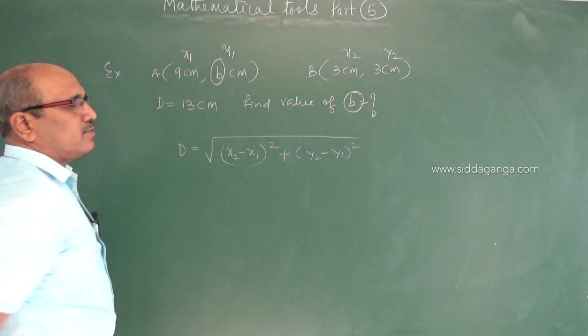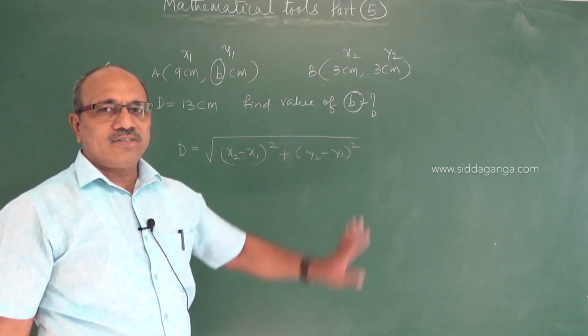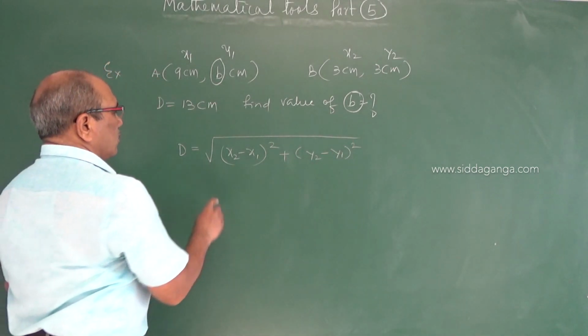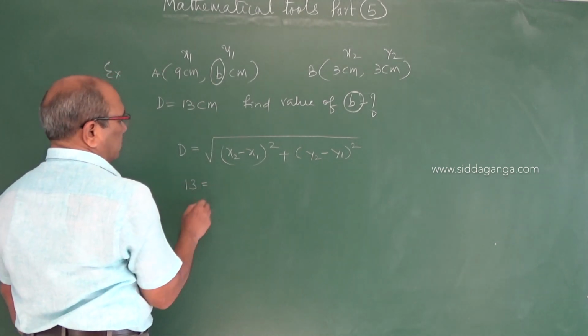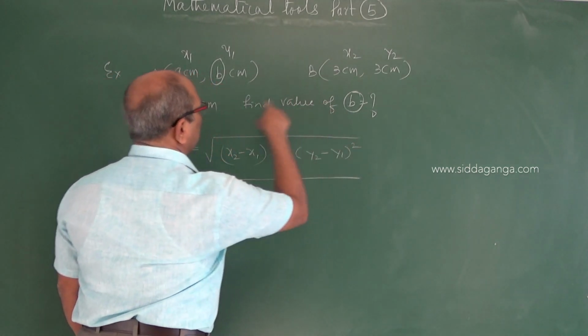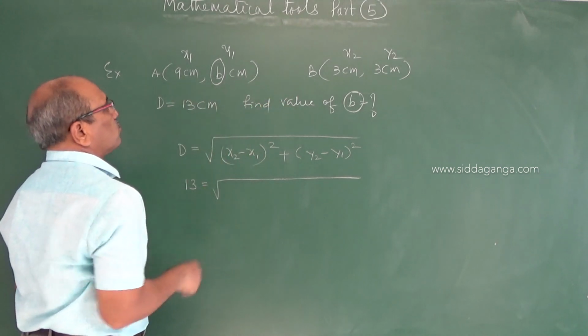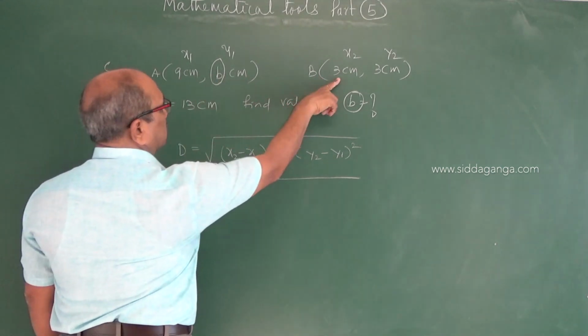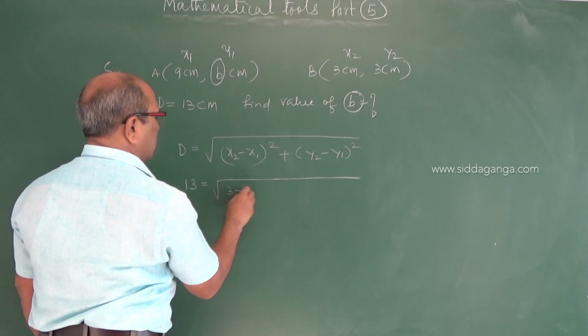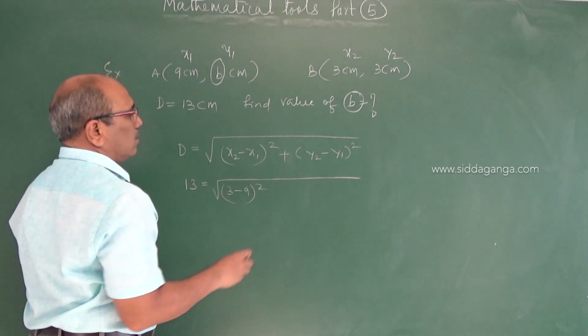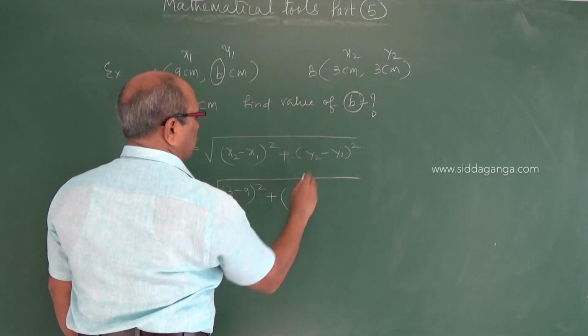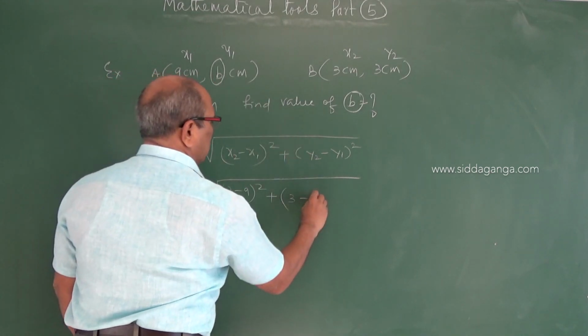I left out z because the z coordinate does not exist. Now substitute the values. It is 13 equals root of, the given 13 being the total distance between those two, (3 minus 9) whole square plus (3 minus b) whole square.